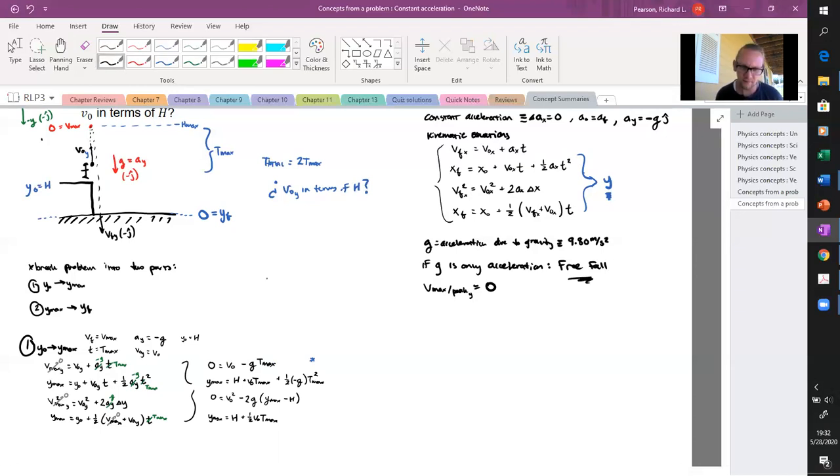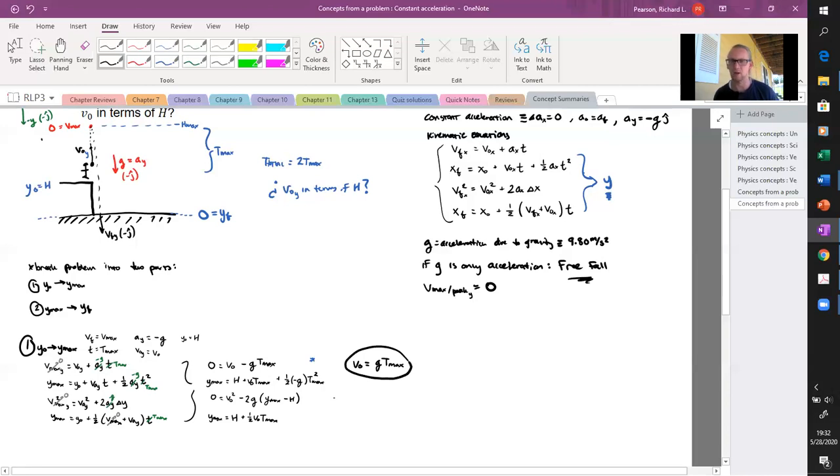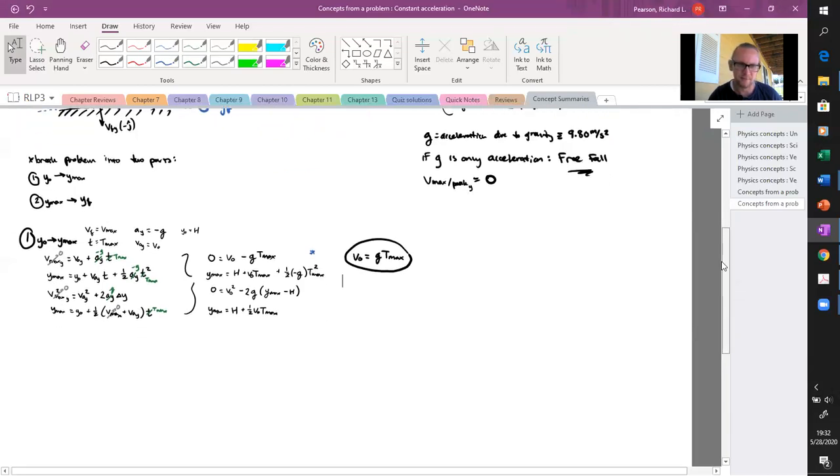So we have that v naught is equal to g times t max, the amount of time that it takes for it to be released up to some height. So that's pretty nice. We're going to hold off on these other ones for a minute, but that first one is nice and convenient.